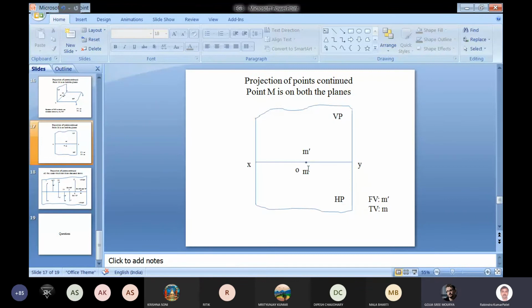Sir, in this particular case, what is the use of projection if all three are coinciding on the reference line? Yes, in case of projection of lines, you will find that if a line is lying onto the reference line, then its projection will be onto the reference line only.